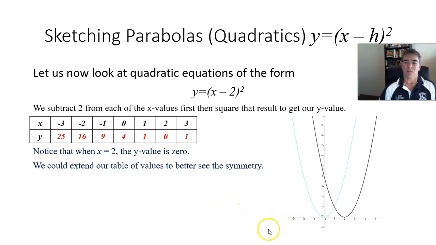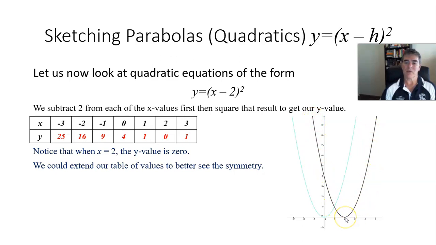Okay, and with the aid of our program Algebra, we've actually sketched it, and what we can see is that the parabola stays with its vertex along the x-axis, but has actually moved across 2. So this is our original y equals x squared, and this is now x minus 2 all squared.